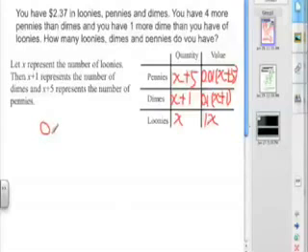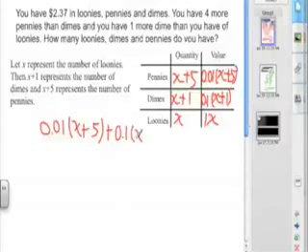So the equation will start off as 0.01 in brackets (x plus 5), plus 0.1 multiplied by (x plus 1). And then we just put another addition sign, a plus, and put down 1x equals 2.37.